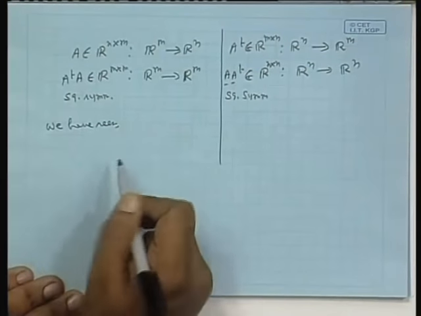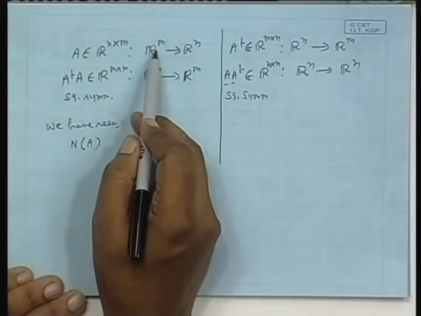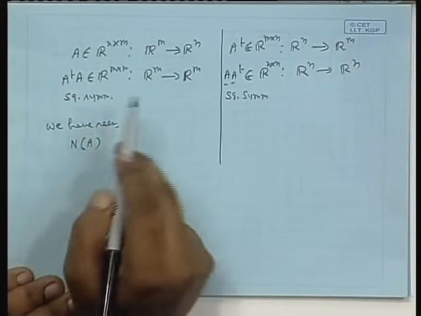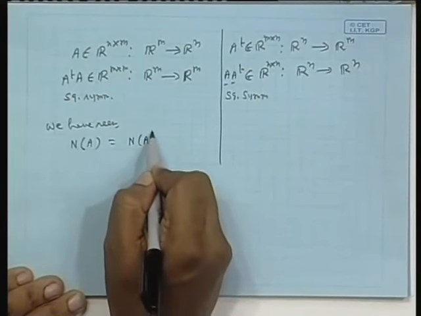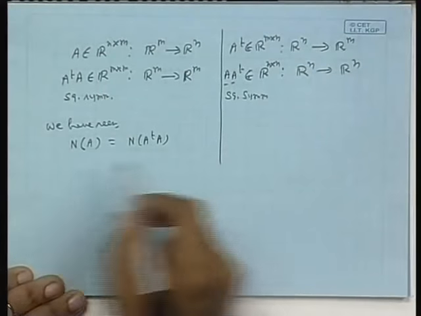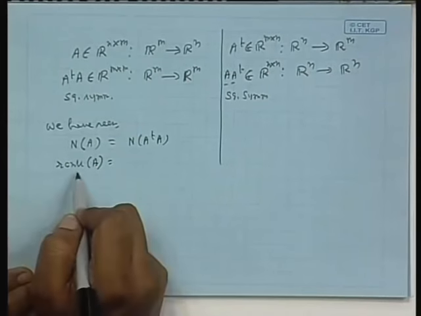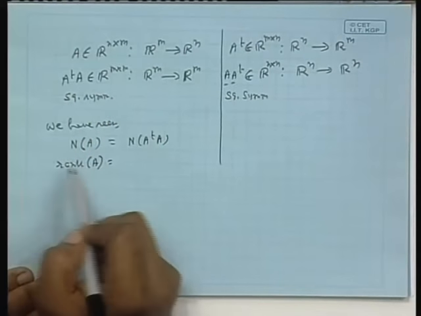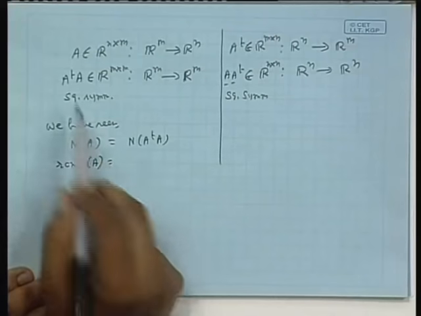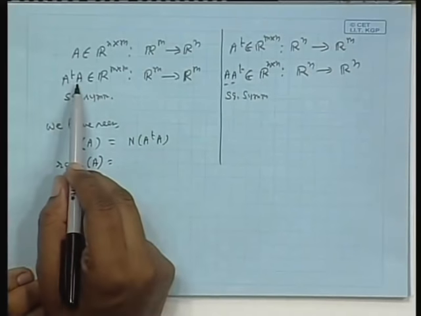Now, this is given to you. We have also seen that the null space of A, that is the subspace of R^m on which, if A acts, it gives you 0 of R^n, is the same as the null space of A transpose A. We proved it in the previous class, and therefore we have seen that rank of A plus nullity of A is m, so rank of A is m minus nullity of A. And rank of A transpose A plus nullity of A transpose A is equal to m.